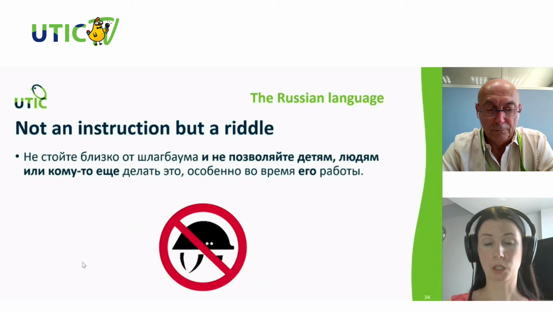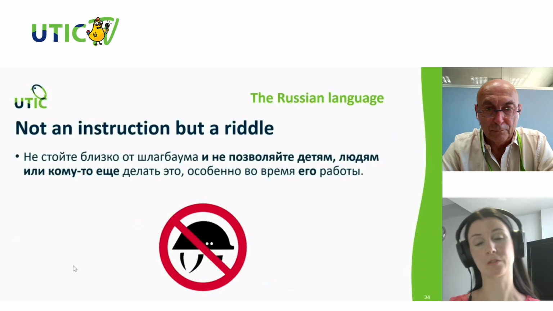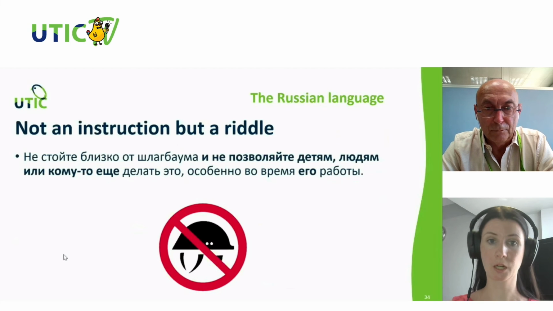Apart from that, referring back to the point that all technical documents should be translated for the maximum avoidance of ambiguity, for avoidance of unclear things. For example, the sentence: "Don't stand close to the barrier and don't allow children, people, or anybody else to do this, especially during its work."